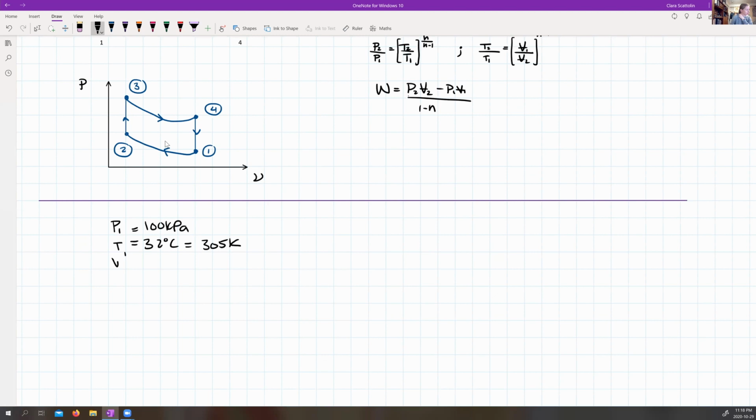And I have a volume of 600 centimeters cubed, which in meters cubed, I'm going to need it in meters later, is 6 times 10 to the minus 4 meters cubed. I'm told also that I have a compression ratio of 9.